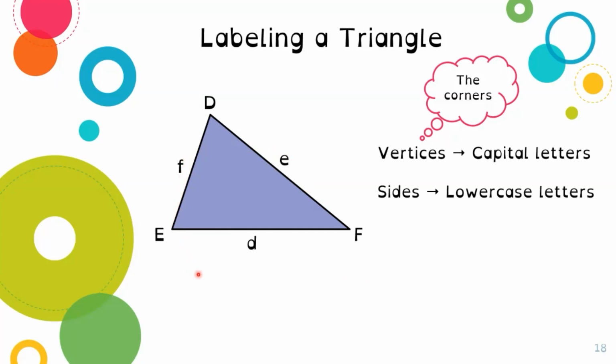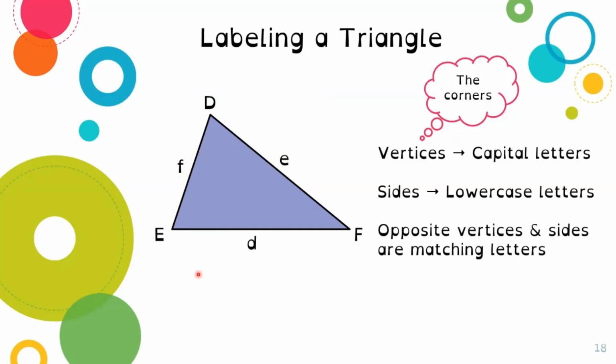The other key information is that the opposite vertices and sides are matching letters. So capital D is across from little d, capital E is across from little e, and capital F is across from little f.